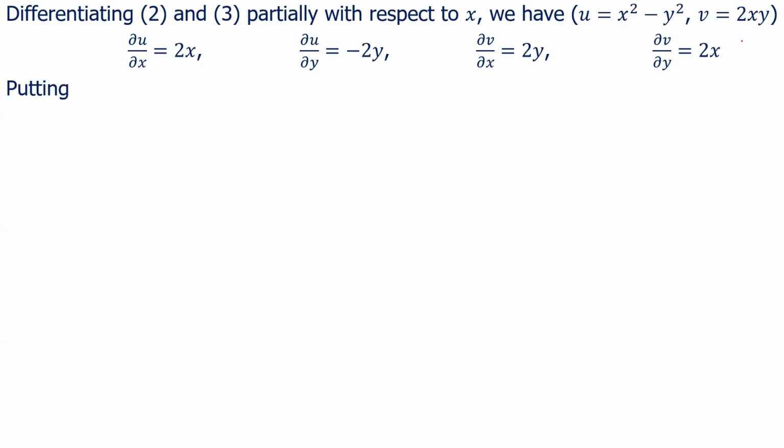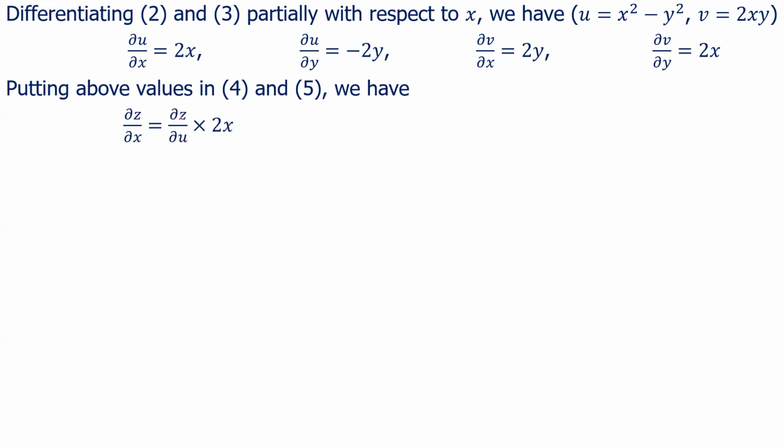Now substituting all these values in equation number 4 and 5, we have del z del x, which is equal to del z del u and del u del x. So del u del x is what? It is nothing but 2x, plus del z del v and del v del x, it is 2y.